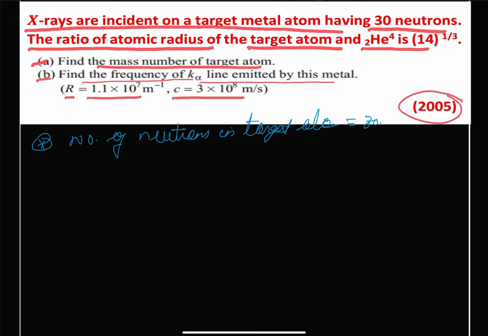So the radius of the target to the radius of helium is equal to 1 upon, I think here it is to be minus, so this comes as 1 upon 14 whole raised to power 1 by 3. We are also given the Rydberg constant as well as the velocity of light.